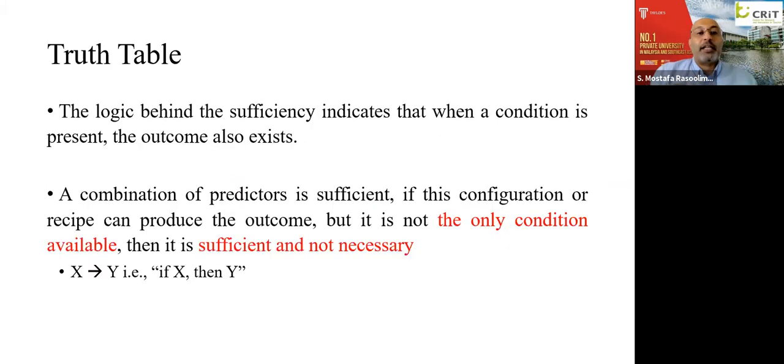The second step is the truth table. A truth table lists all possible combinations of predictors. We have to identify all possible combinations of predictors and then see which combination is sufficient, which is necessary, and which is insufficient.